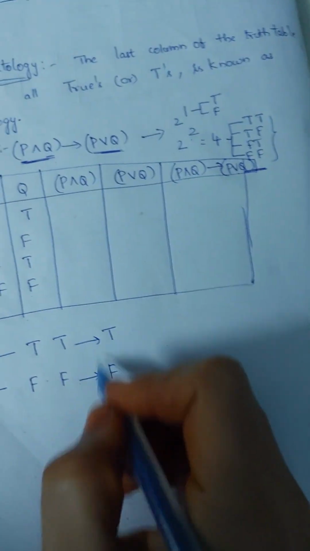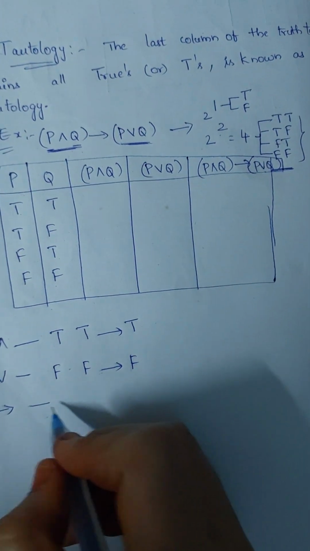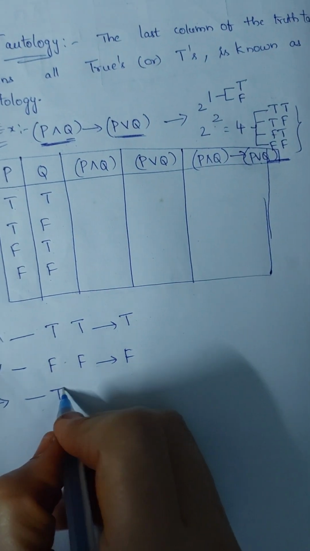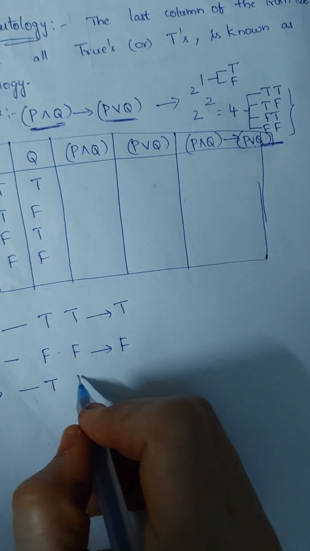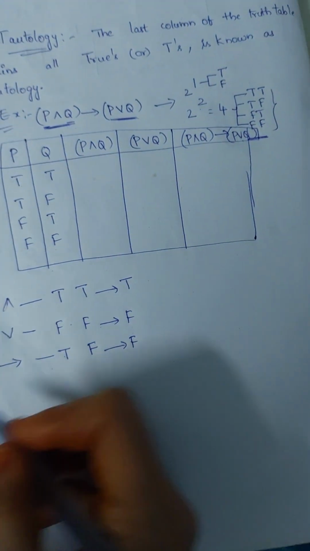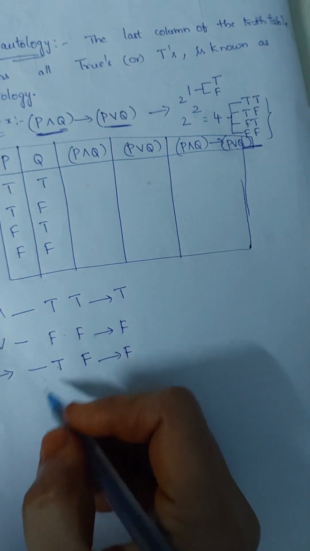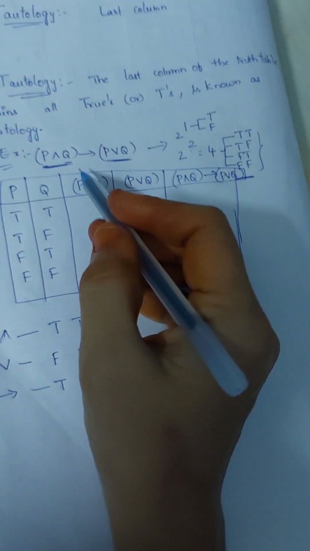We also have the implication symbol. In that implication, if the first statement is true and the second statement is false, then the resultant is false.